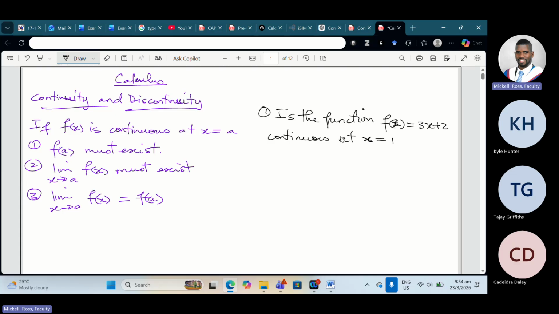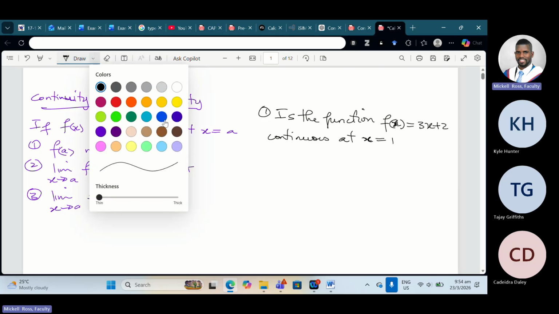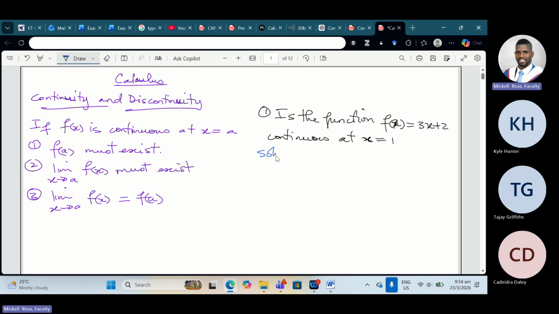So we're going to be testing to see if this function is continuous at x equal to 1. Let me use a different color for the solution. Bear in mind that the function must exist when x equals 1. So f of 1 must be equal to 3 times 1 plus 2, which is 3 plus 2, equal to 5.